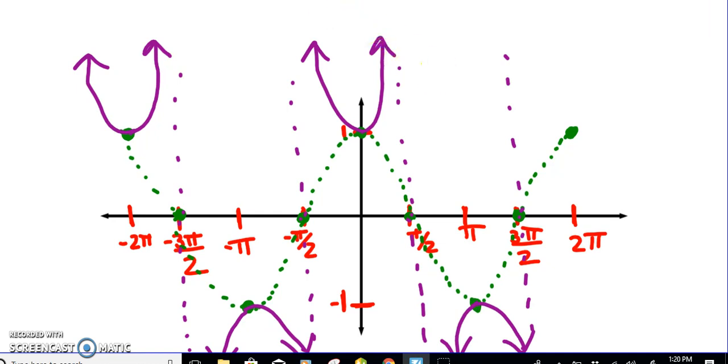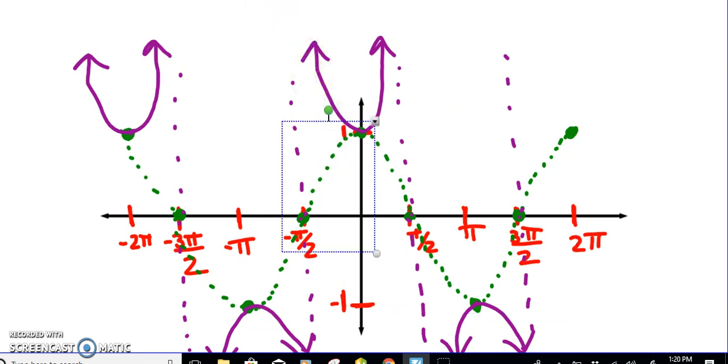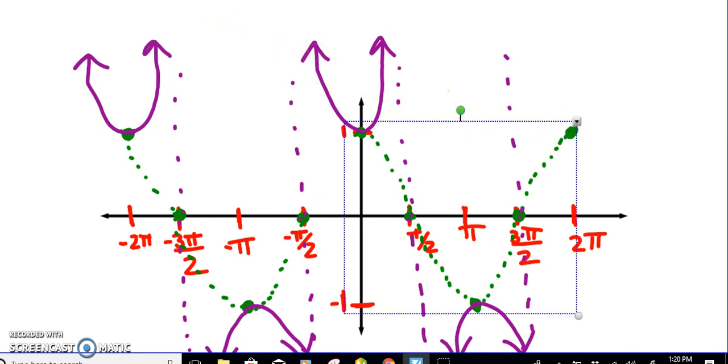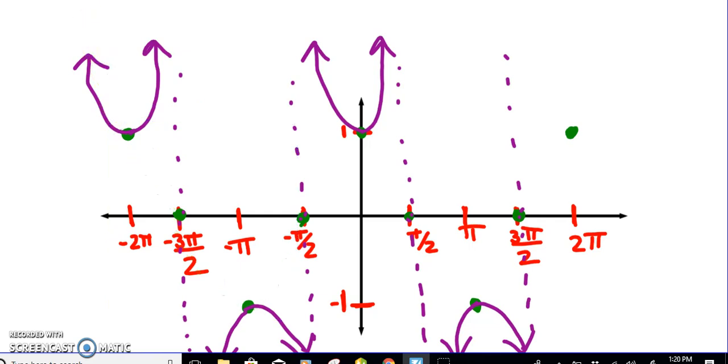All right, so when we do it, get rid of this. Taking off the cosine graph, this is what the secant graph looks like. Sorry, I forgot this last part back here.